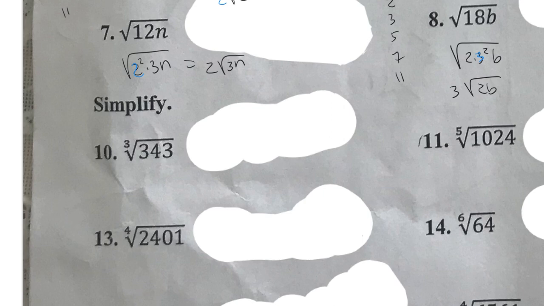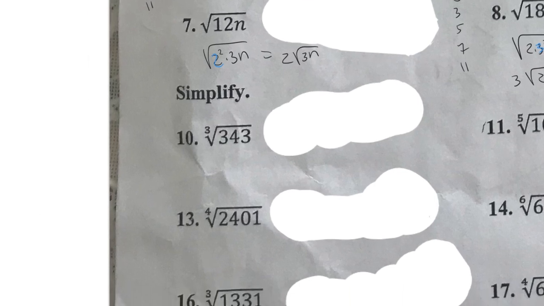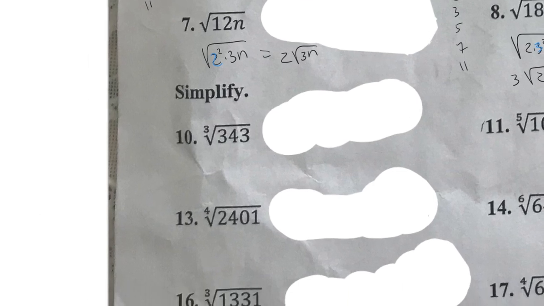All right, prime factorization. Once again, let's get that. We'll just get the list over here. 2, 3, 5, 7, 11, right? Okay, so looking at 343, does 2 go into 343? No, it does not. Does 3 go into 343? No, I don't think so. Does 5 go into 343?